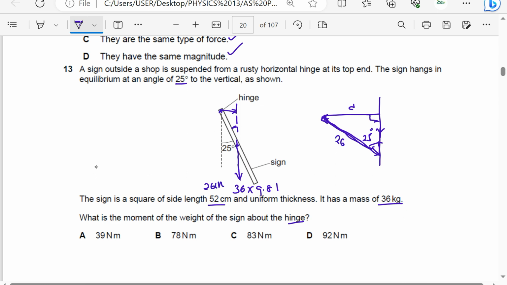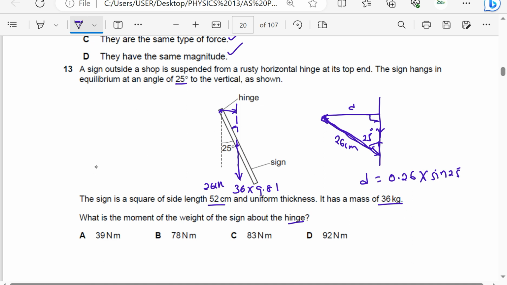So it means that is 0.26. So it means D is going to be equal to 0.26 times sine of 25, that is perpendicular distance, opposite over hypotenuse, that is sine.